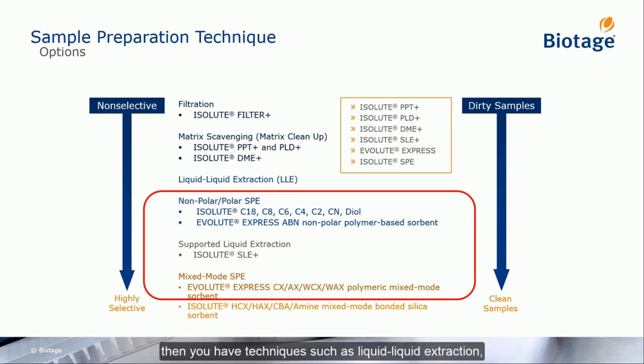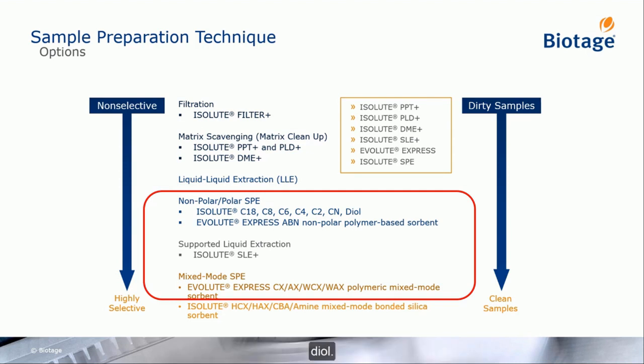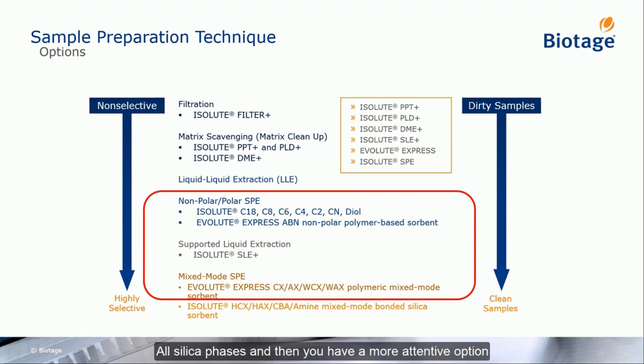Then you have techniques such as liquid-liquid extraction, and then move into your various forms of SPE, non-polar, polar, everything from a C2 up to a C18, cyano, all silica phases. And then you have a more attentive option in terms of the polymeric. Supported liquid extraction is a really popular technique in the clinical industry.